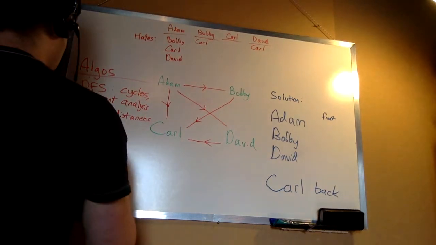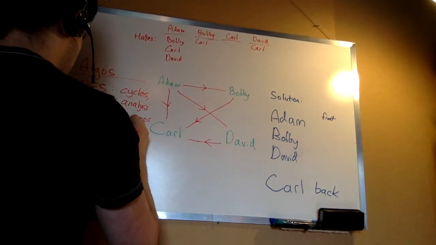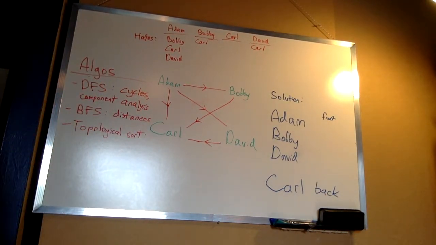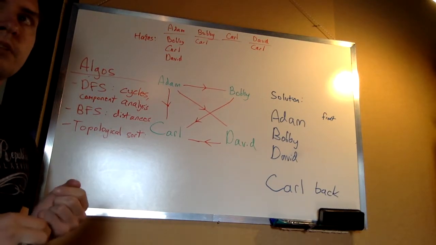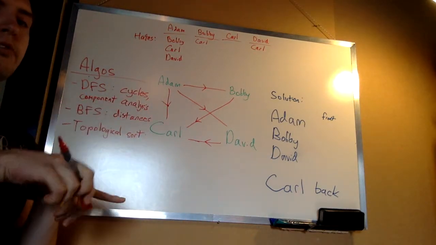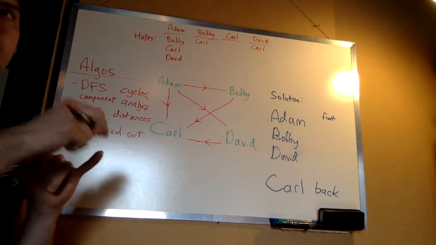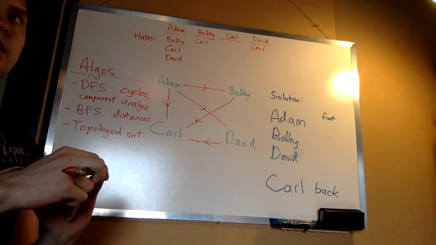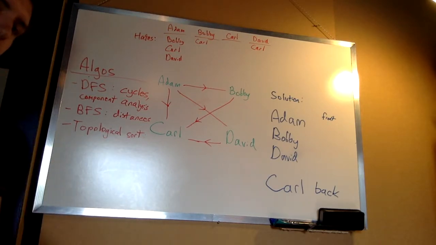Now what else do we have? We have topological sort, which is a special case of DFS. And what does this do? It gives us an ordering of the vertices such that, given two vertices u and v, if there's an edge pointing from u to v, then u will always go before v in the topological sort.